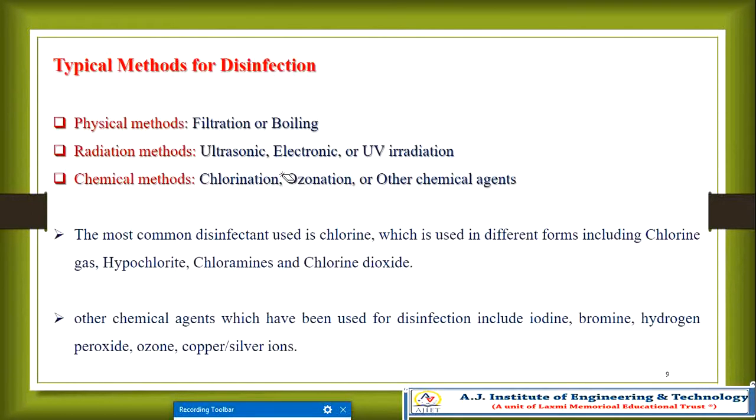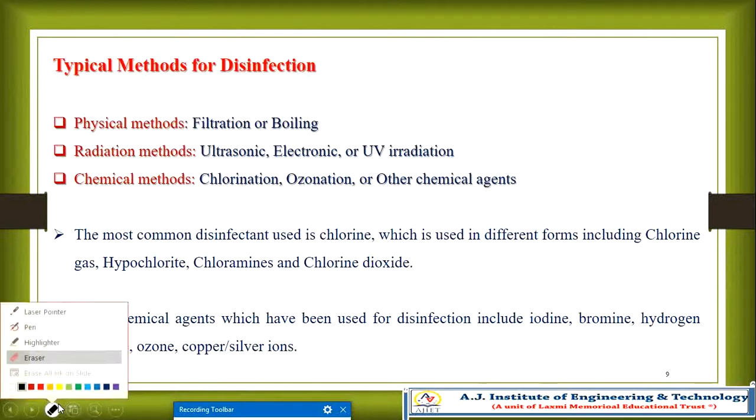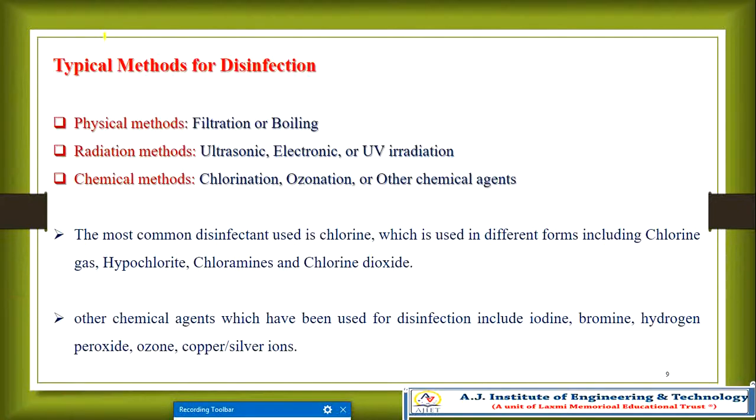Then we'll move to another slide, that is types and typical methods of disinfection. What are the methods involved in disinfection? The first one is physical methods.